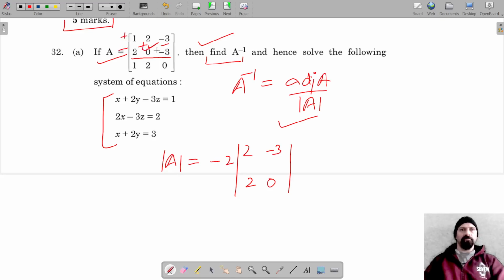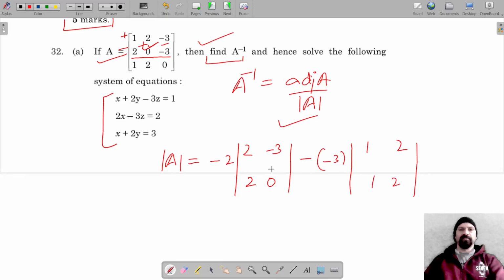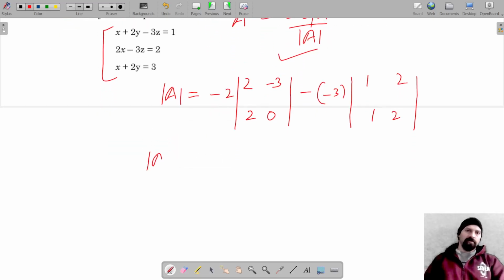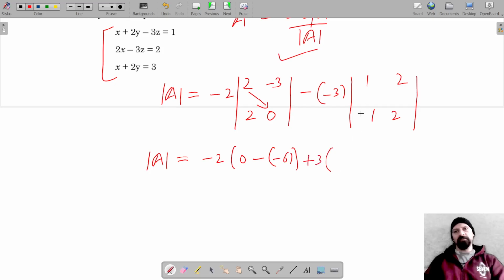So this is negative of negative 3, and removing the row and the column for negative 3, we are left with 1, 2, 1, 2. So the determinant of A is equal to negative 2 times, 2 into 0 is 0, minus 2 into negative 3 is negative 6, plus 3 times, 1 into 2 is 2, minus 2, which is 0.